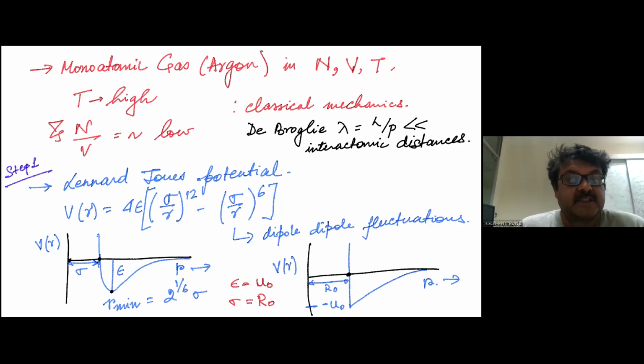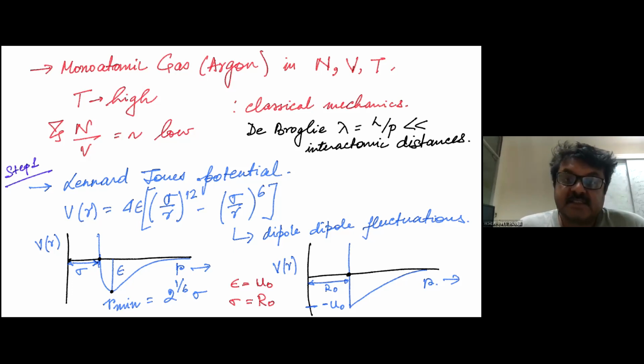We're going to consider that the temperature is suitably high and N by V is suitably low, so that we can use classical mechanics, which implies that the interatomic distances are much greater than the de Broglie wavelength, because if the interatomic distances are of the order of the de Broglie wavelength, then you have to use quantum mechanics.